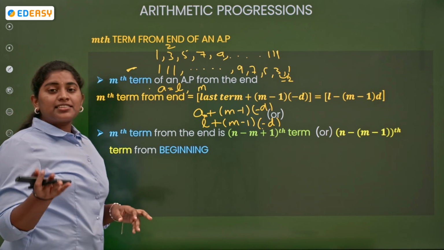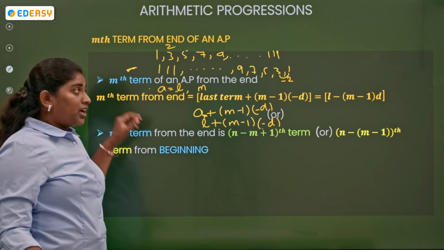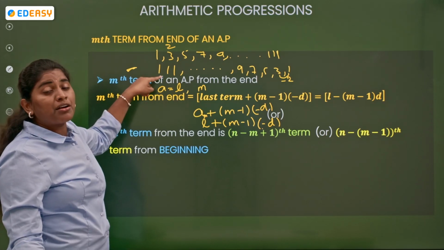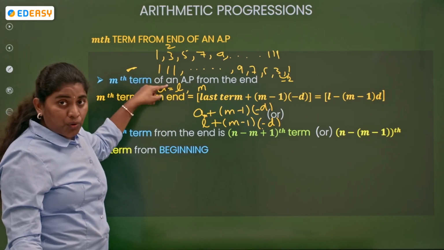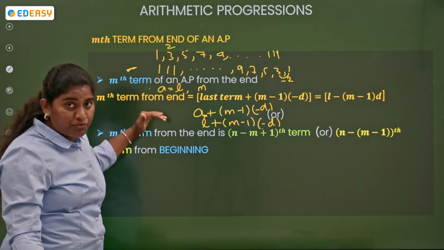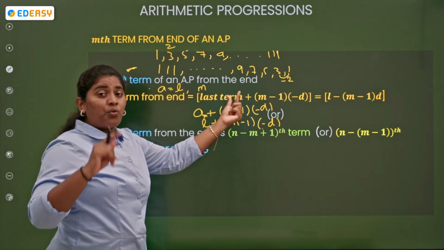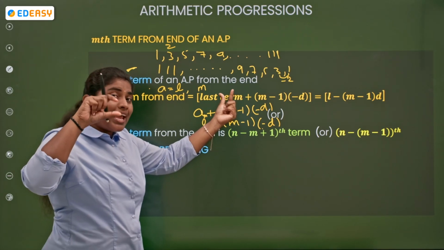Simple. The term from the end means just reverse the AP. Now the last term becomes your first term. So if you keep that value in the nth term formula, you get the last term plus, and what is the position of the term? m.